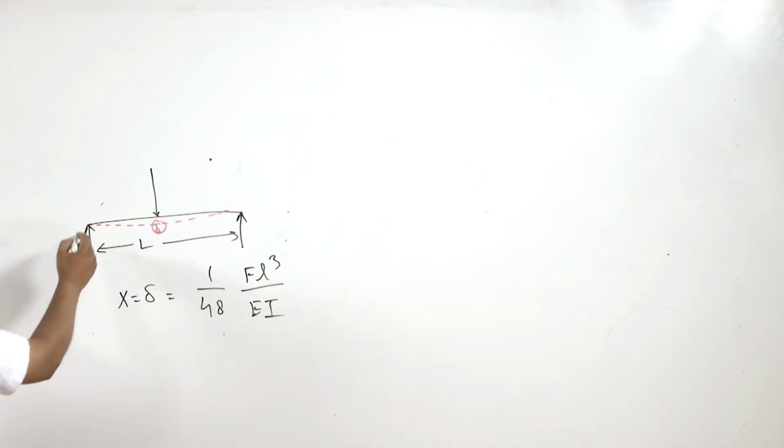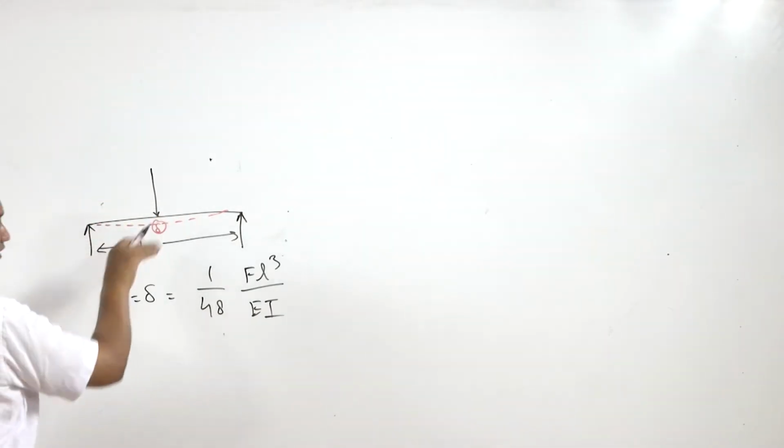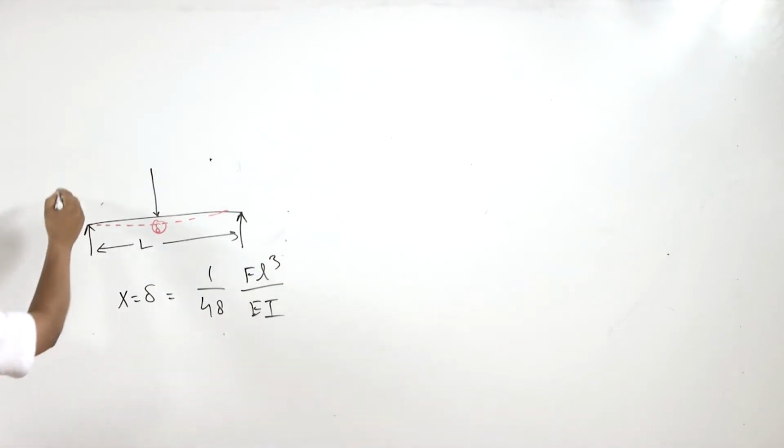EI is the moment of inertia of the cross section of this bar about the XS axis.